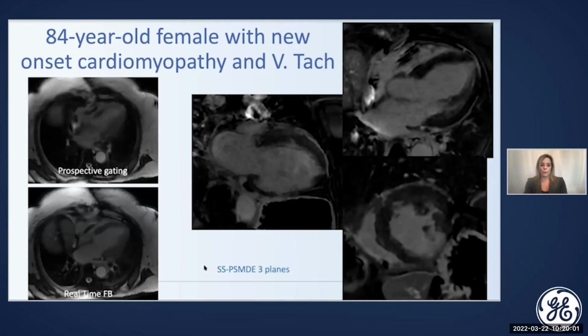The free breathing images along the bottom are also severely limited, but do give us some information about her ventricular function. However, conversely, we have 3 planes of delayed enhancement imaging on the right, where we can appreciate this inferior wall transmural infarct, which could be contributing to some of her episodes of ventricular tachycardia.